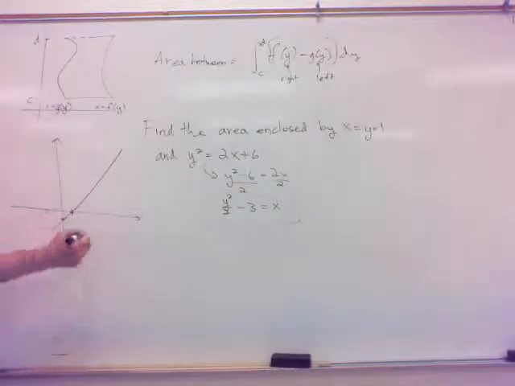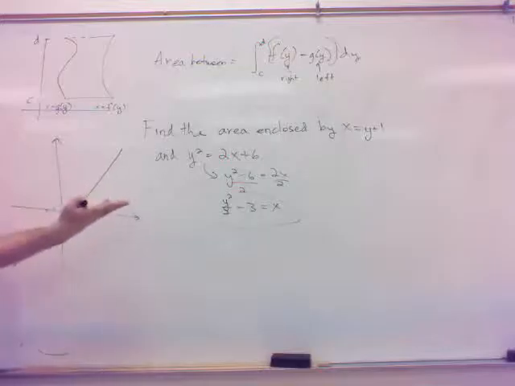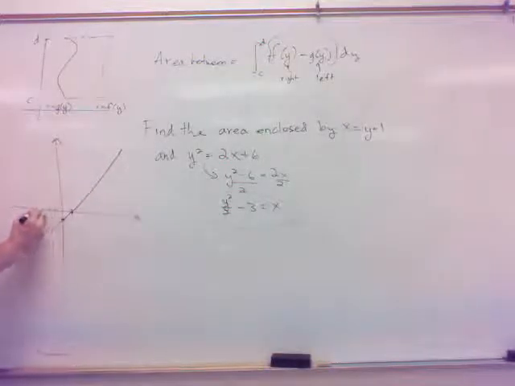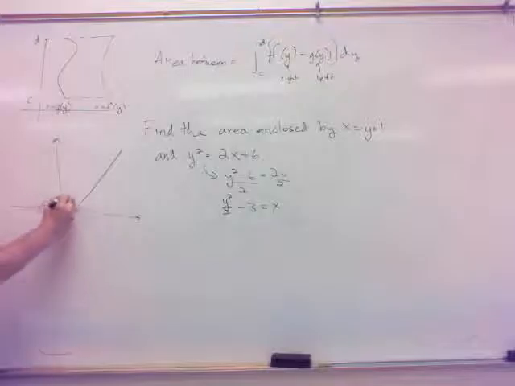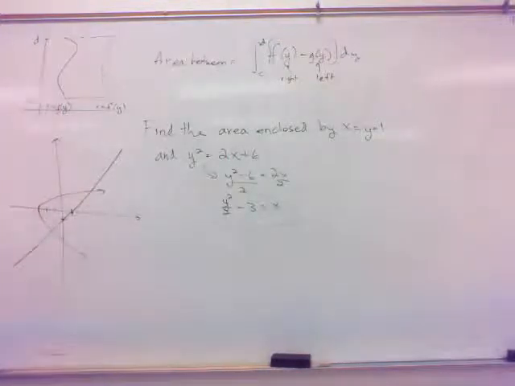These are a little more complicated, of course, to graph, but it's the x squared over 2 minus 3 graph turned sideways. So here's basically what we get. With me on that? Maybe a little wider. Sideways graph, back 3. So, okay.